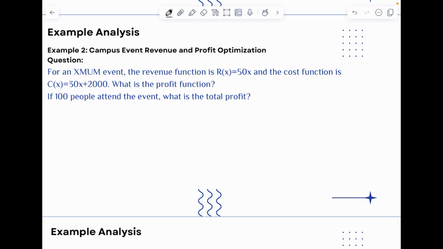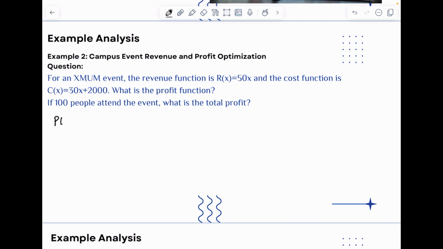Now the revenue function is 50x and the cost function is 30x plus 2000. So we know that the profit equals the revenue minus the cost, and it equals 20x minus 2000.